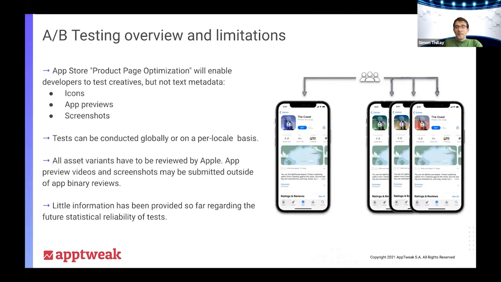For the one thing that has not been clarified by Apple so far, basically what we don't know is how statistically reliable those tests will be. We know that on Google Play, experiments are conducted on a 90% confidence interval, which is lower than the industry standard for digital A/B testing, which is 95.